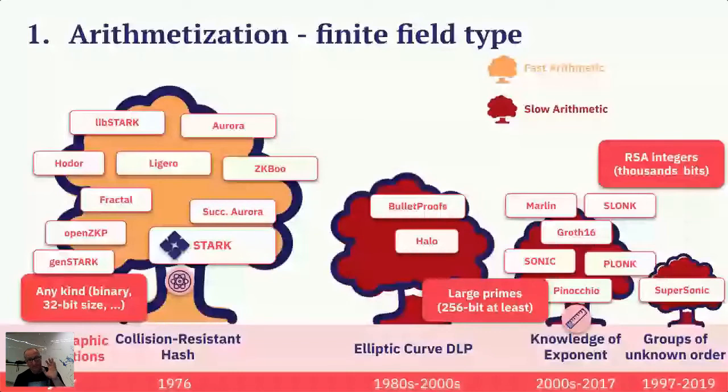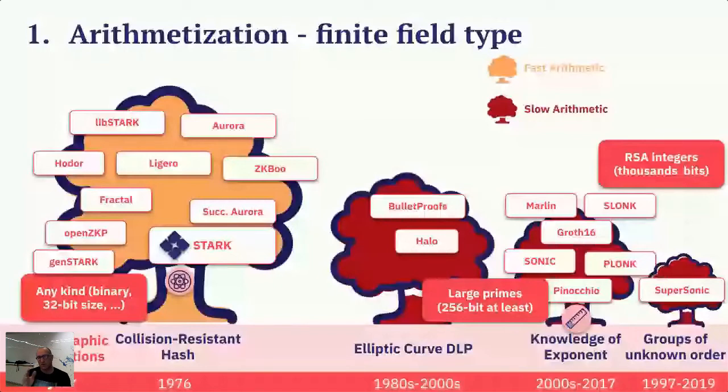And the systems on the right that are number theoretic in their nature require large domains, because in order for them to be safe, you need that size of moduli or integers to operate there.